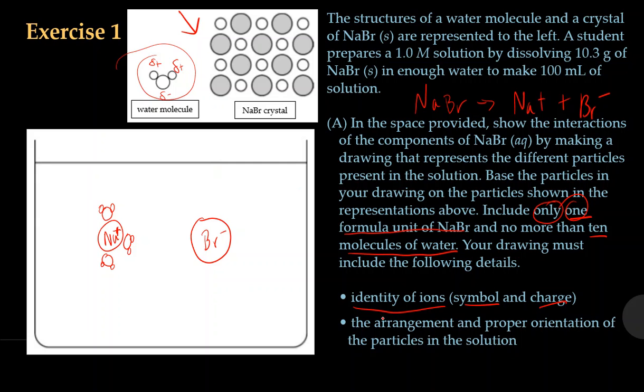Now, it says no more than 10 waters, so you could put 5 on each, or I do like 4 and 4 here, but I would make sure you draw more than one around it. And you would need to draw it kind of close because this is an attractive force between the oxygen and the sodium.